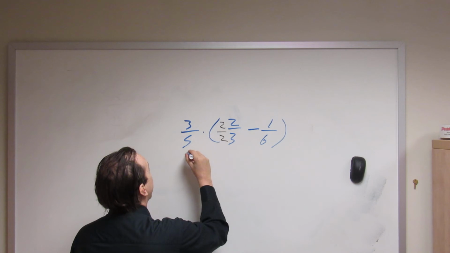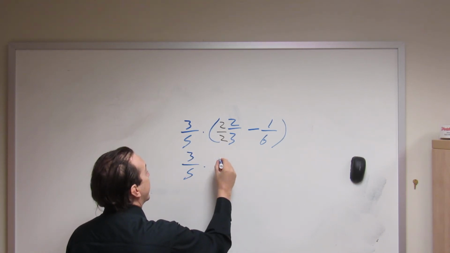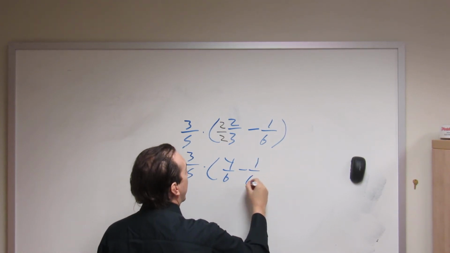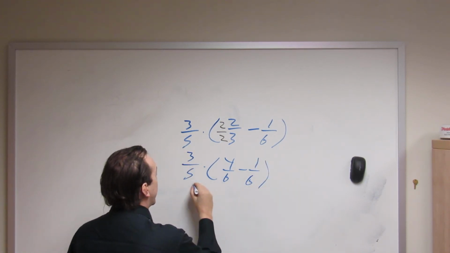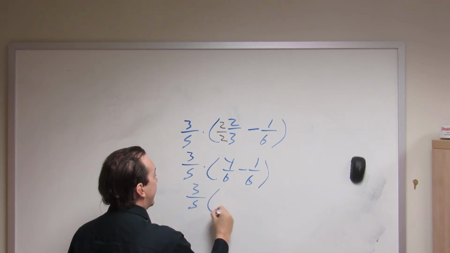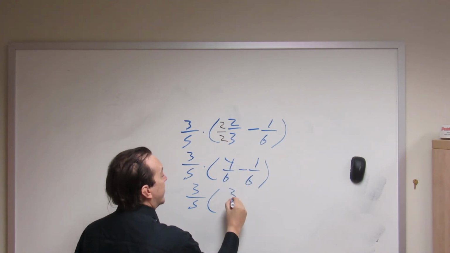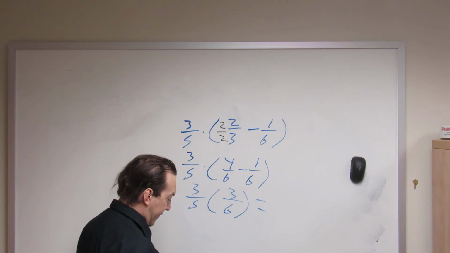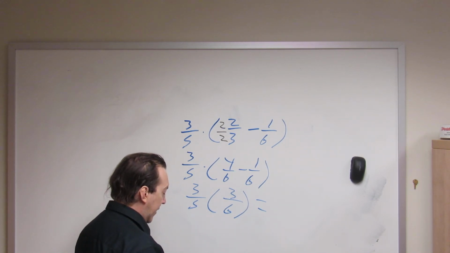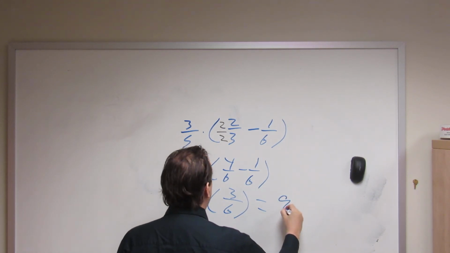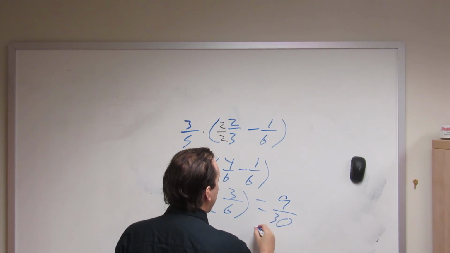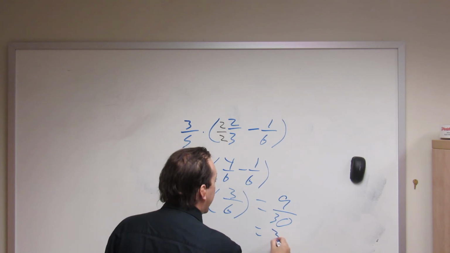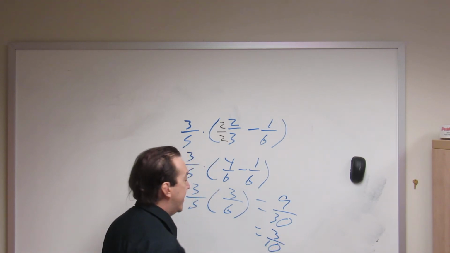And we're going to have 3 over 5 times 4 over 6 minus 1 over 6. So 3 over 5 times 4 minus 1 is 3 over 6. This equals 9 over 30. But we can divide both of those by 3 and we'll get 3 over 10.